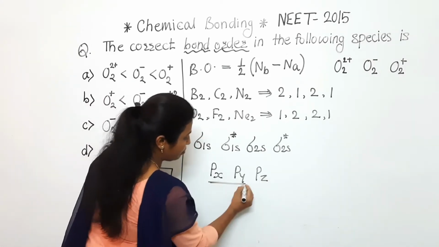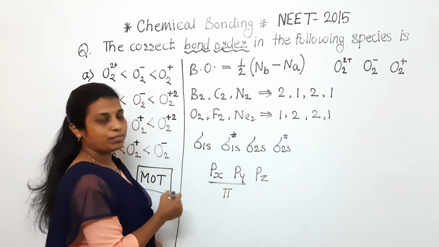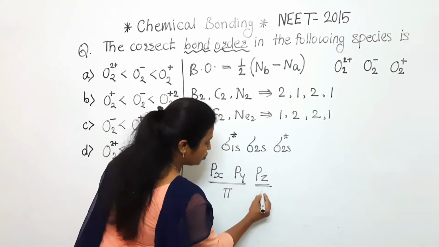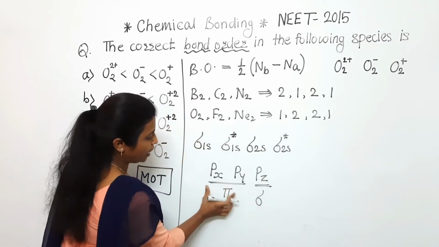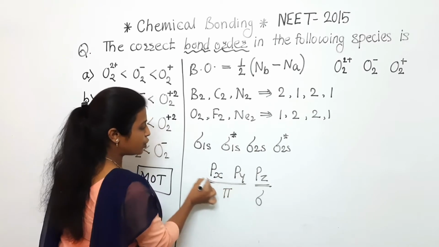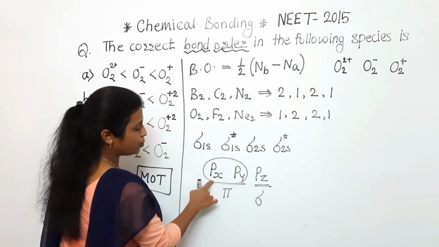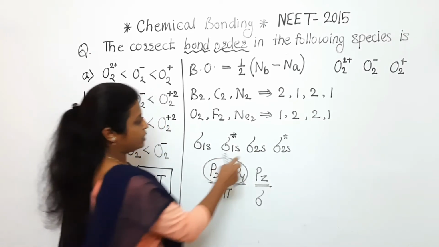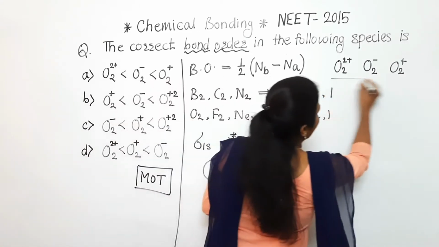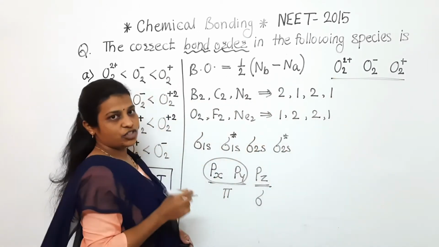For px and py we have to consider pi, and for pz we have to write sigma. Means if 2 is there, then we have to give the preference to pi 2px and pi 2py. Now see here, we are writing the electronic configuration for the oxygen ions.